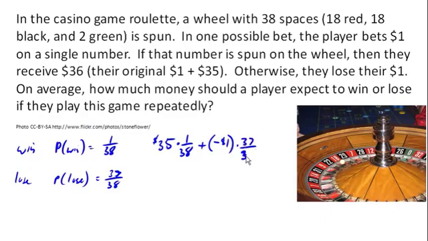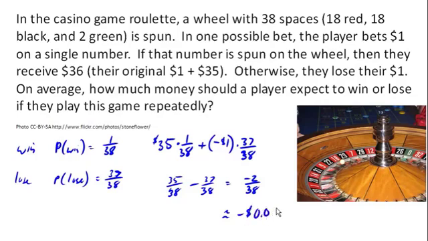If we add those together, we end up with 35 over 38 minus 37 over 38 is negative 2 over 38, or in other words, about negative 0.053.